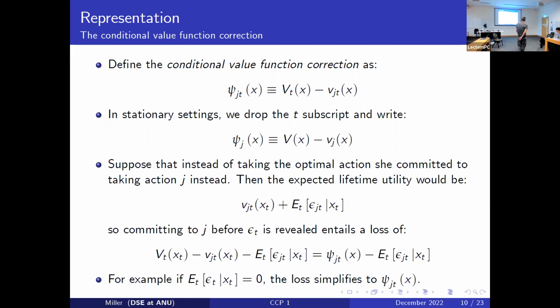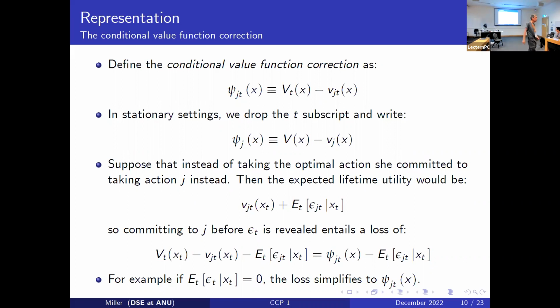Let's define the conditional valuation correction then as what we'll call the social surplus function, that's the capital V, minus a conditional value function. In stationary settings, you can just drop the t, of course. t doesn't play a role. And ask yourself, well, let's have a look at this lifetime utility.